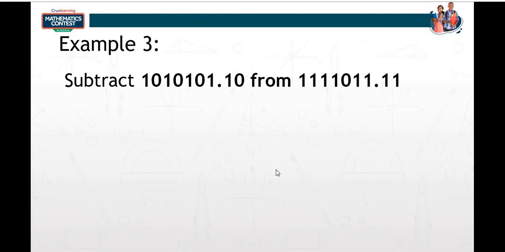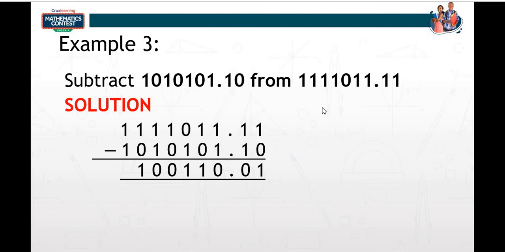Example 3, we have decimal now. Subtract 101010.10 from 111011.11. Okay, so 1 minus 0 is 1. 1 minus 1 is 0. Remember to place your decimal well.